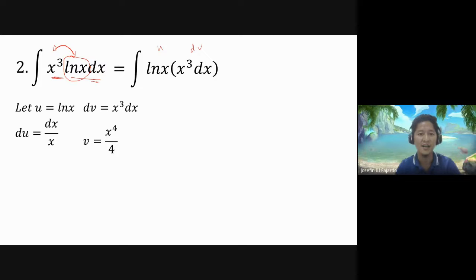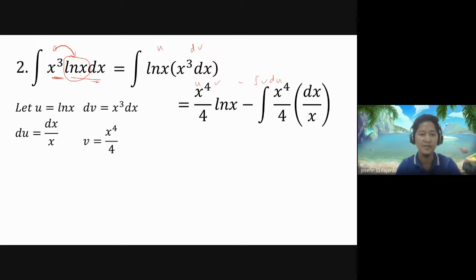So kailangan ko ay si uv saka si minus integral ng v du. Okay, so ito siya. Diba? Ito yung u ko. Okay, ito si u, ito si v. Pinalit ko lang ng sulat kasi masagwang tingnan na nasa likod nasa harap si ln x. Pero para sa akin naman, no problem.